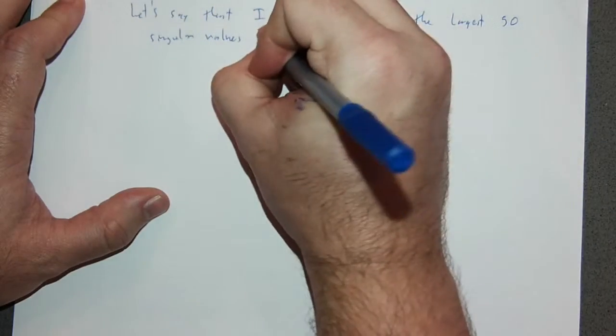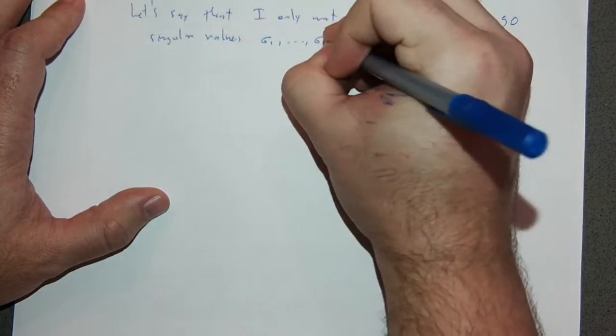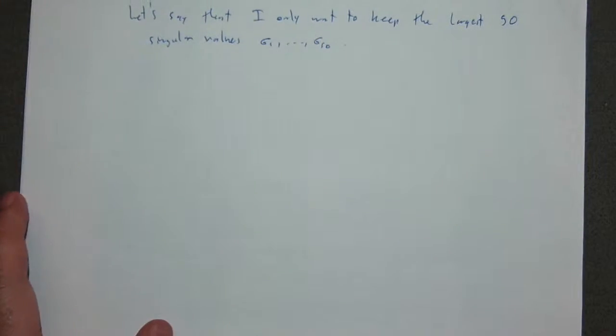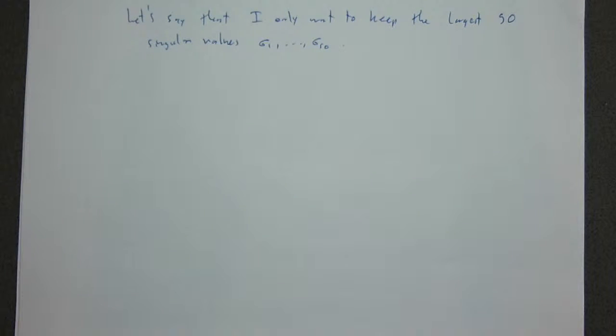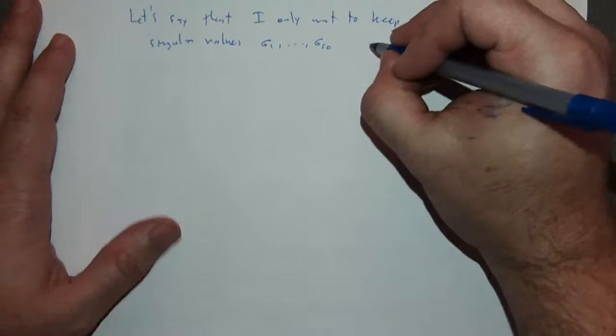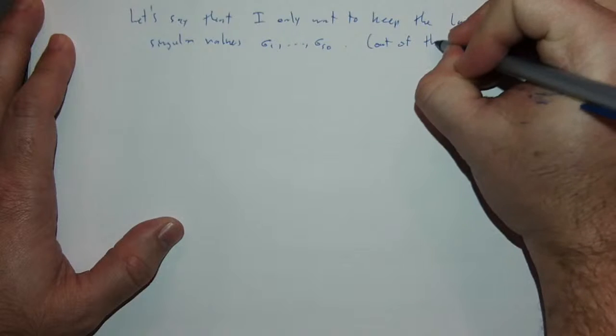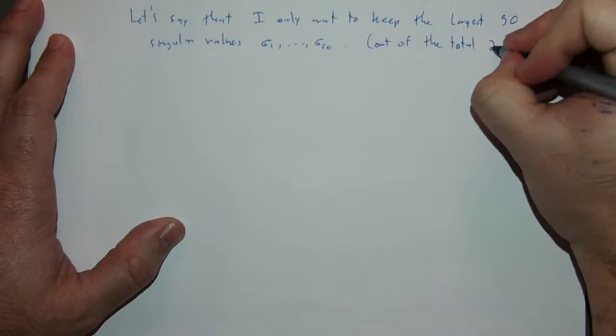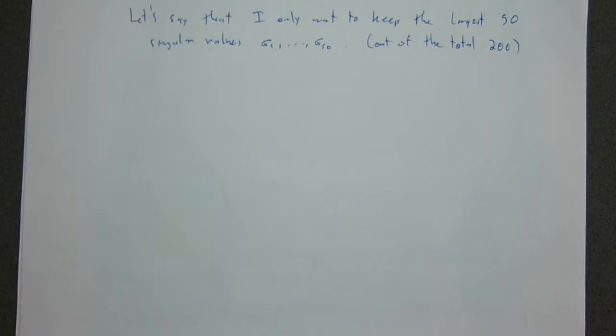So those singular values are sigma 1 to sigma sub 50. Okay, so let's say that I have a good feeling that if I keep 50, right, out of the total 200. Another way of phrasing this is that I would be tossing out the lowest, the least 150 singular values. Okay. All right.